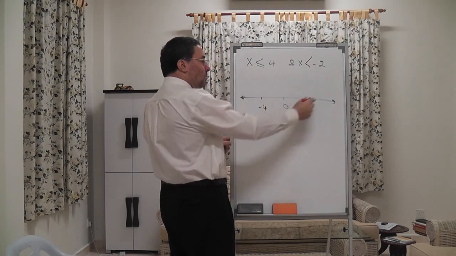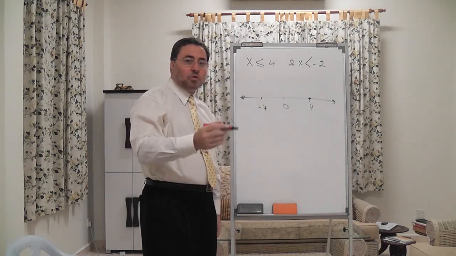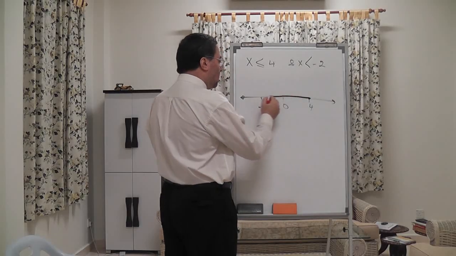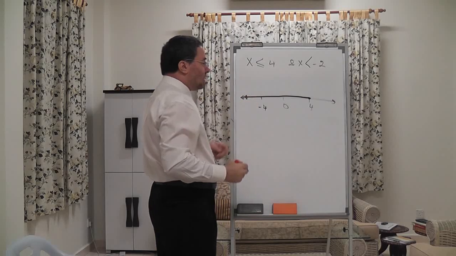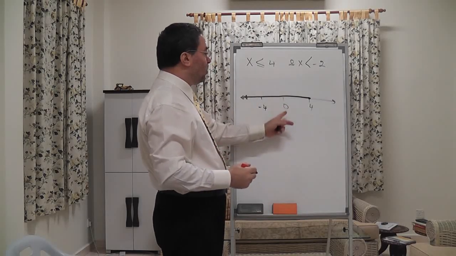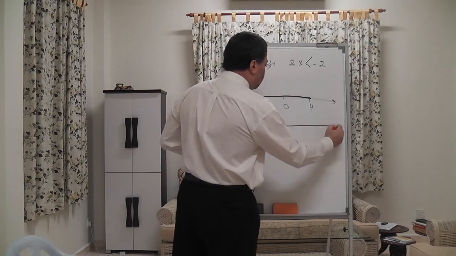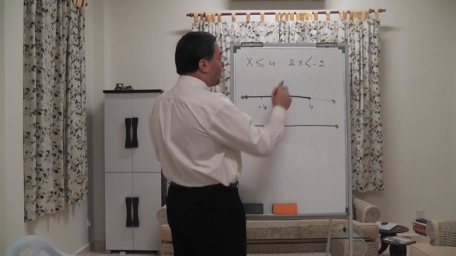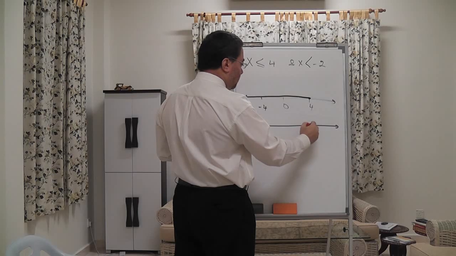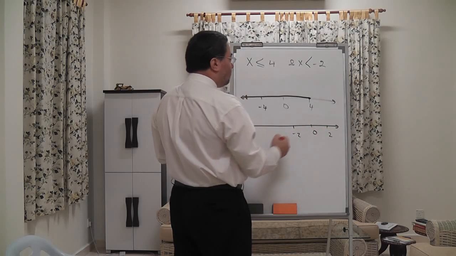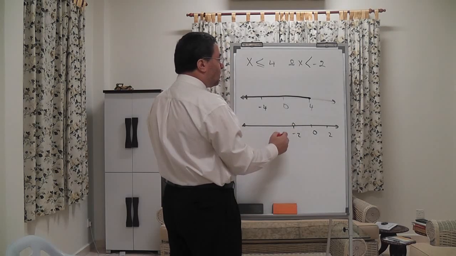We are not going to number this number line 1, 2, 3, and so on, since you already know about it. And this is less than or equal to 4. The second one, less than minus 2, so we can start our 0 here, 2, and minus 2, and open circle.